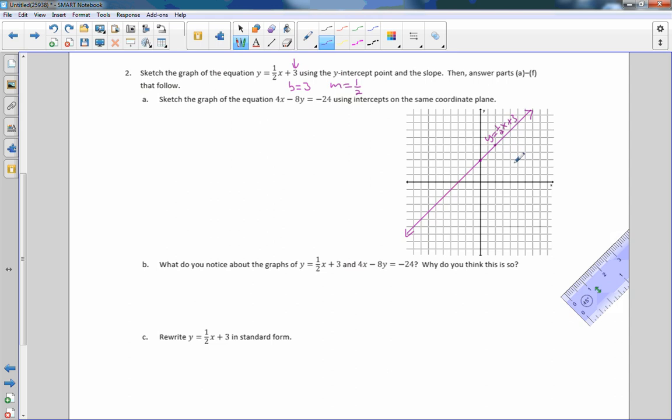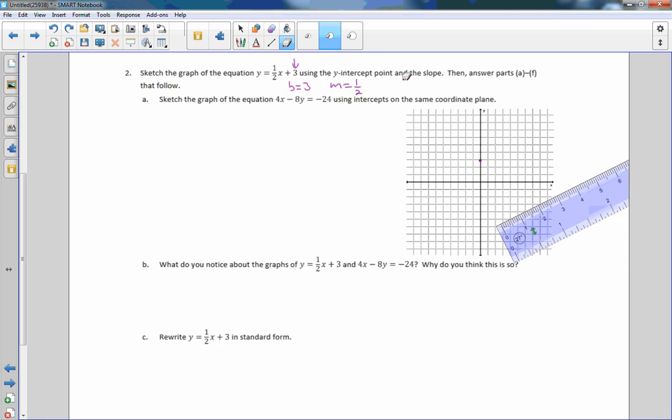Actually, that's not right. Okay. Hang on one sec. My slope is off. I plotted my second point wrong, so I need to fix that. I counted up 2 over 2. Up 1 over 2 is here. All right, I saw that after. My apologies. So up 1 over 2 is up 1 over 2, up 1 over 2.